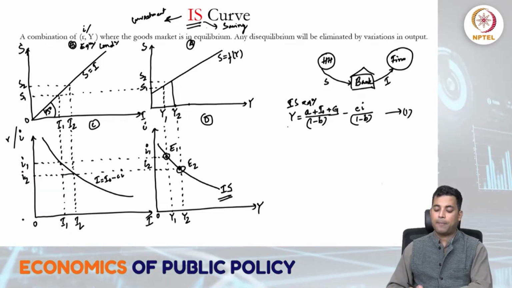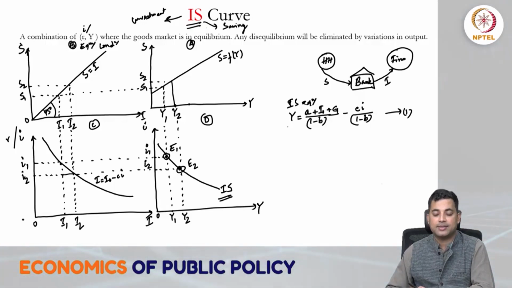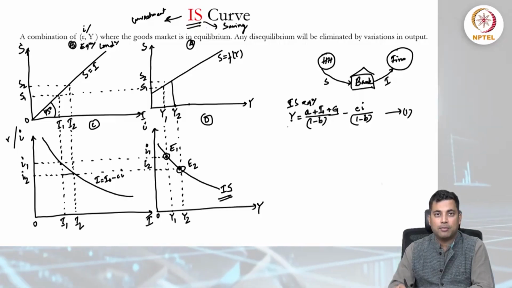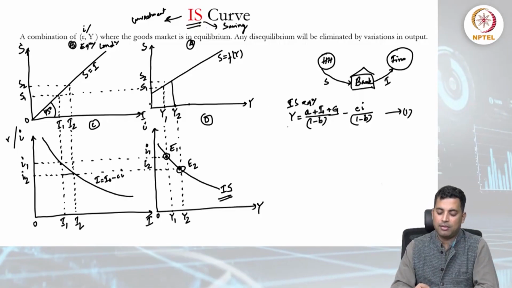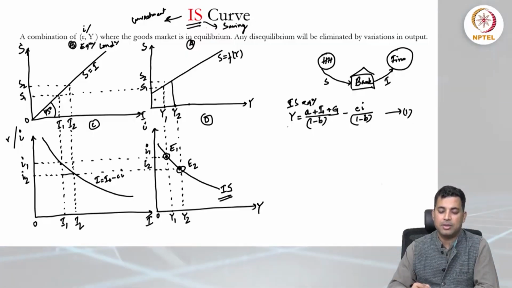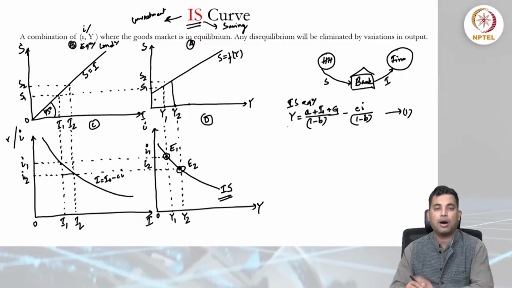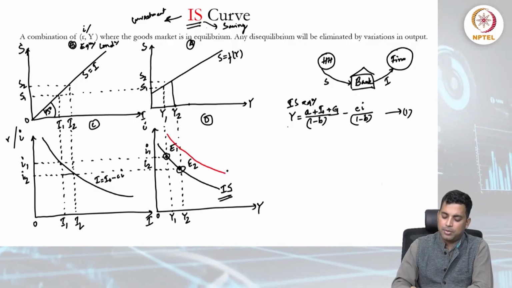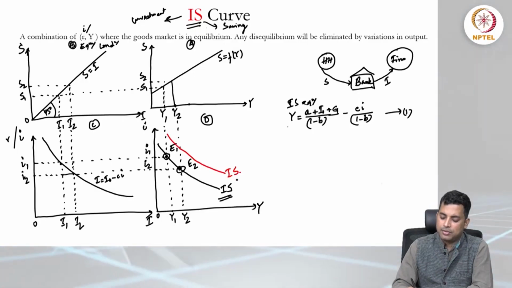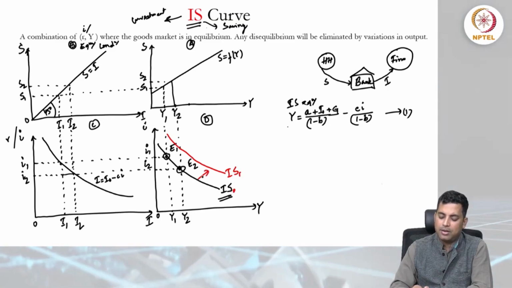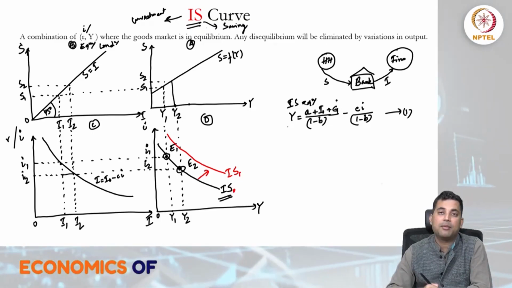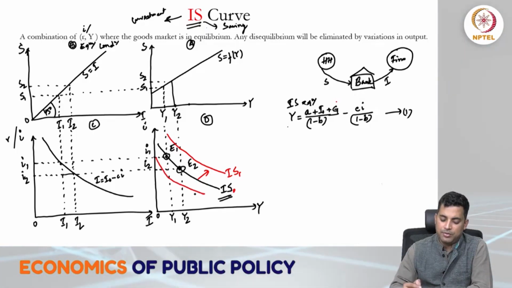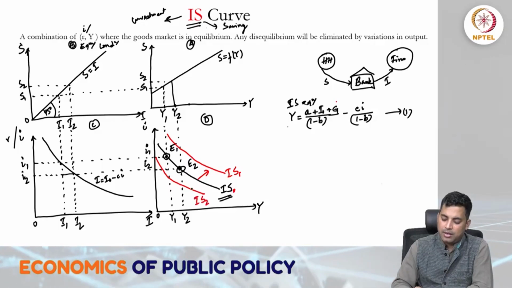Now if government expenditure increases, then overall income will increase, the saving curve will shift upward, and we can see the IS curve will shift upward, from IS naught to IS1. If the government reduces its spending, then the IS curve will move downward, like IS2.